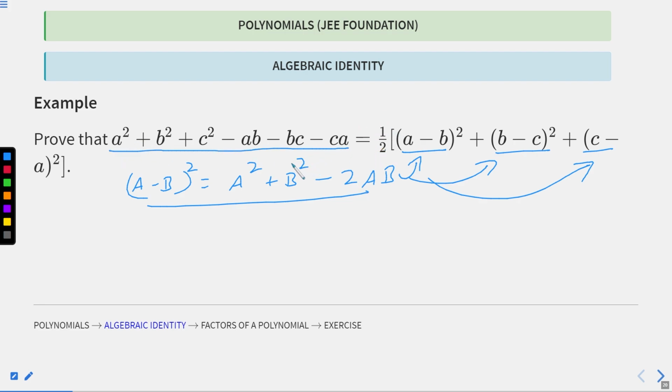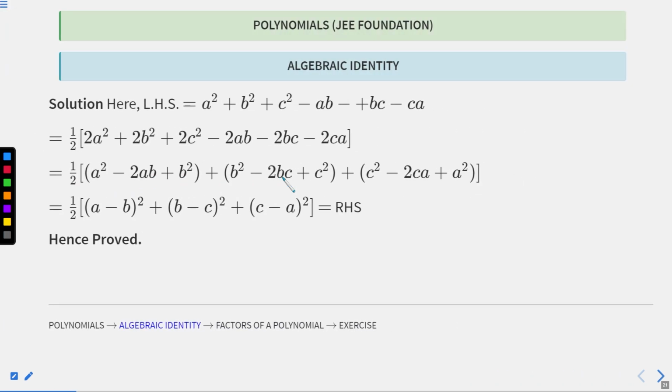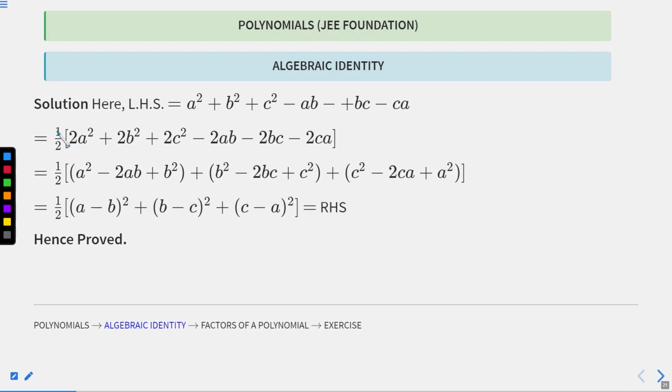So let's begin with the right hand side. My right hand side is half times 2a square plus 2b square plus 2c square minus 2ab minus 2bc minus 2ac. Why?